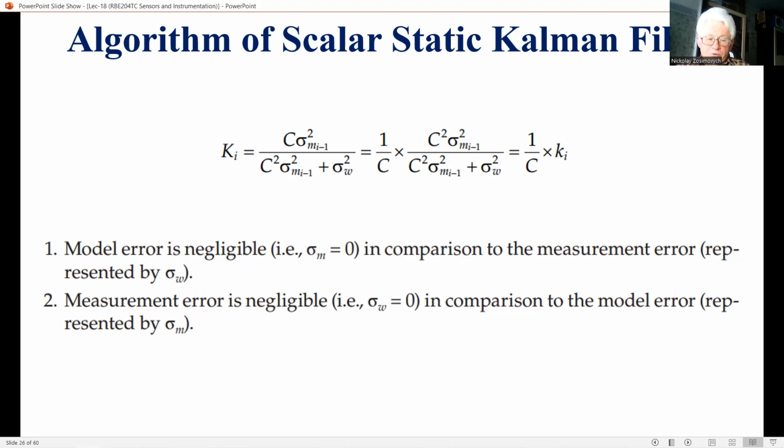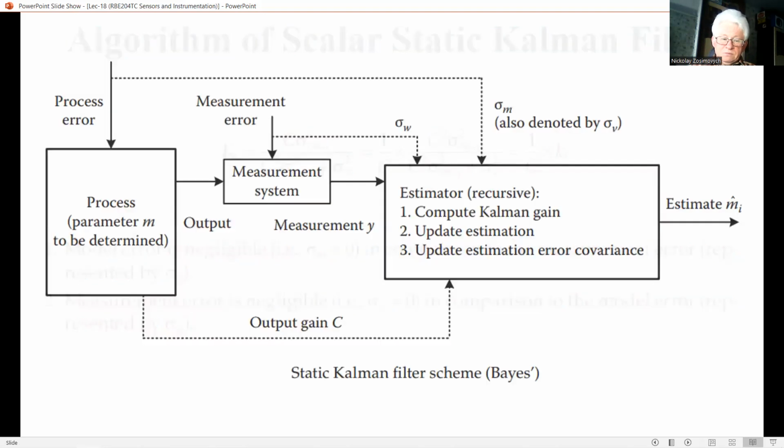And the iteration process starts with the initial value sigma M naught equals sigma M, which is the STD of the model error as it is. And here we have the initial choice that should be valid for the estimation error because no measurements have been made at I equals 0.